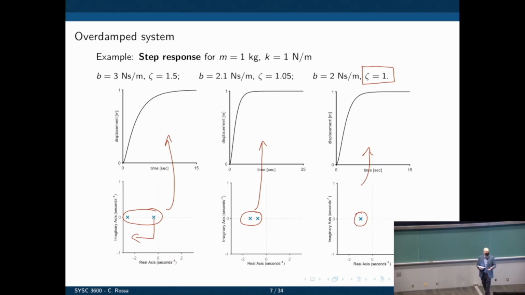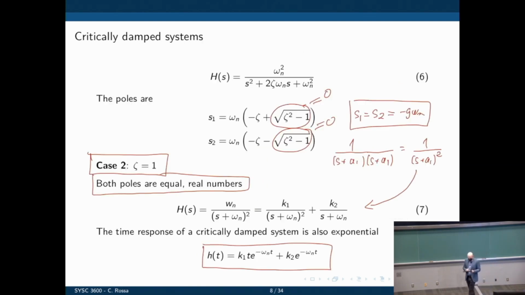It's just an exponential curve. Another interesting observation we can make here is that because these poles have negative real parts, they are placed on the left side of the S-plane. You see all exponentials here with a negative coefficient, meaning that as time tends to infinity, all the exponentials will decay to 0 and disappear.